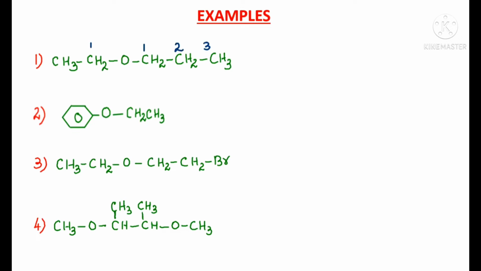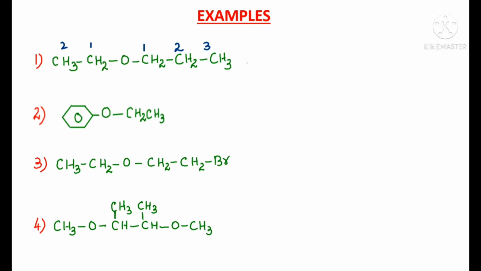Here 1, 2. Come on, which is the smallest alkyl group here? This is the smallest alkyl group and this is the largest alkyl group. So the largest could be the parent alkane and this is the smaller alkyl group. So the ethereal oxygen will come along with the smaller alkyl group. So how to write the name? First we shall write the smaller alkyl group with the oxy suffix.